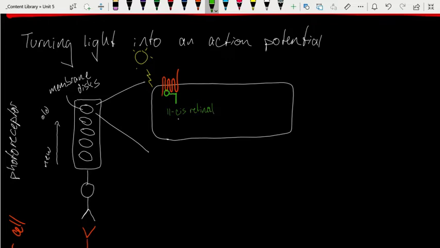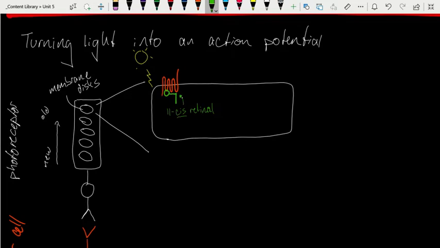And that cis is important. If you remember from one of our earlier units, we talked about cis bonds and how cis bonds bent the chain. Cis bonds made a chain kinky. And we see that kink right here, right? The fact that it's bent, it's because it's a cis molecule.